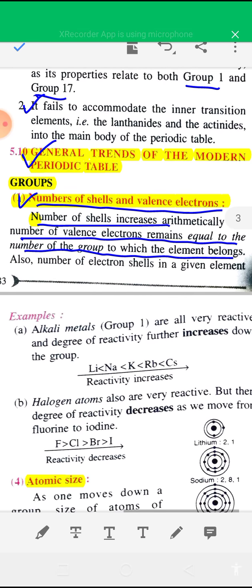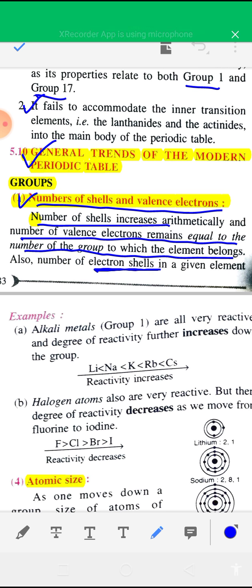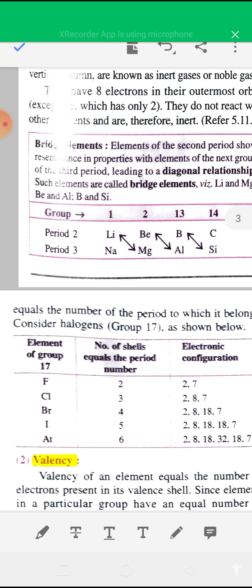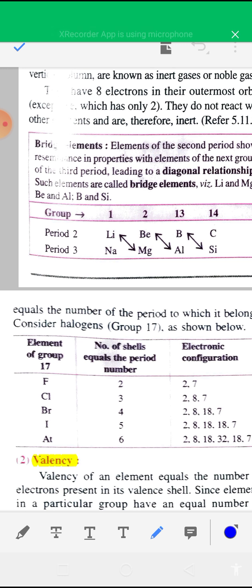One more point: the number of shells in a given element is a measure of the period number. So the number of shells in an element is equal to the number of the period to which it belongs.